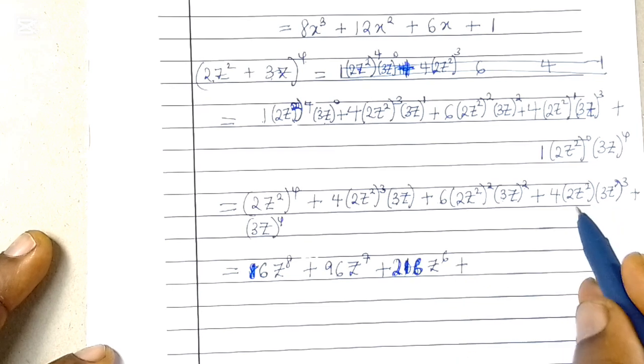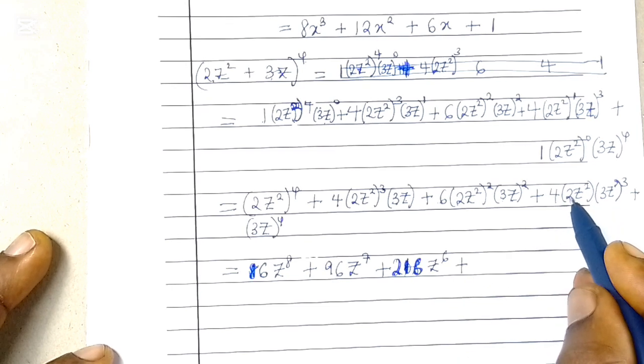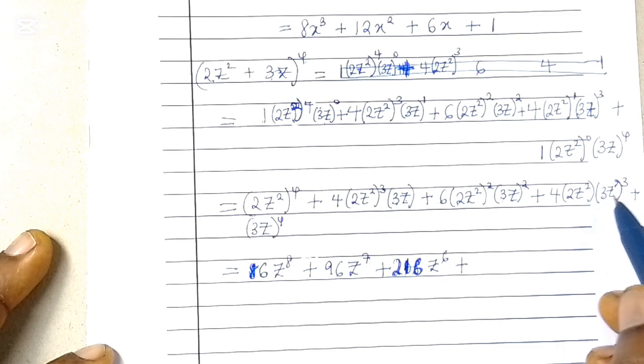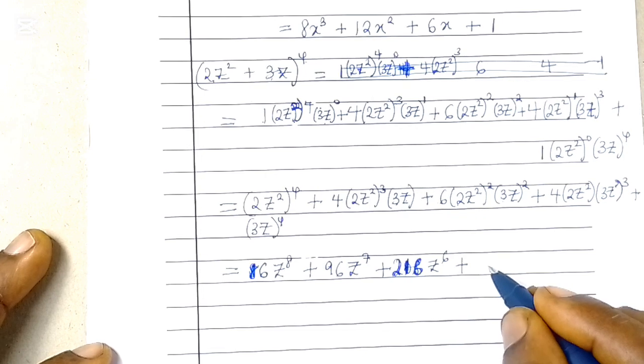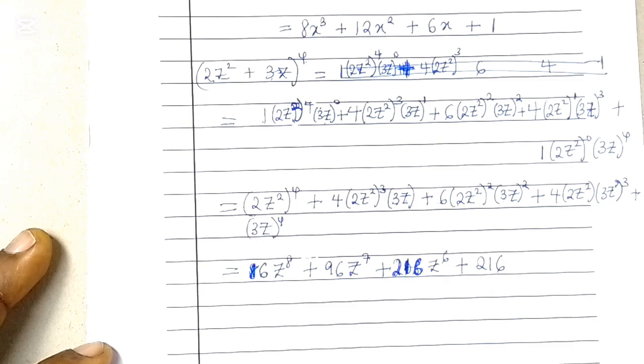Now for the next one, you have 4 times 2, which is 8. 8 times 3 raised to the power 3 is 27. So 8 times 27 is what we are going to have there. 8 times 2 will give us 16 plus 5, that's 216 also. So this would also be 216.